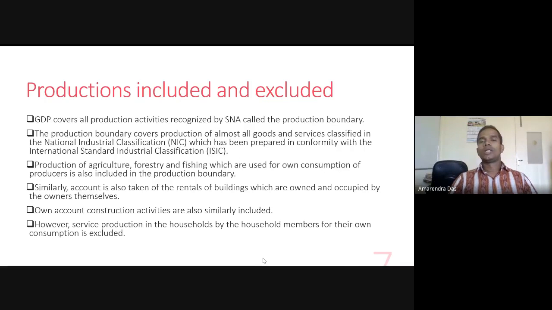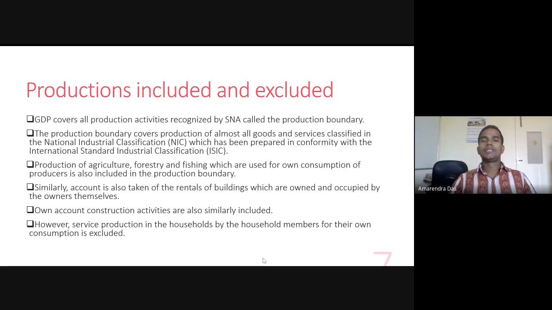But you should know that whatever production activities are included are based on the national industrial classification, or we can say the international standard industrial classification. GDP covers all the production activities recognized by the United Nations System of National Accounts, that is called the production boundary. Then at the national level, we have a national industrial classification, for example agriculture, mining, construction.